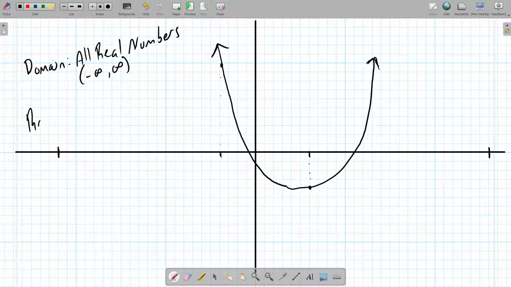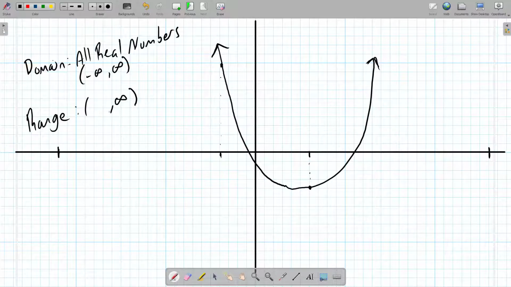The range, on the other hand, is dependent on which way the arrows are facing. If the arrows are facing up like this, meaning our parabola is opening up, then we know that we are going to go up and up and up forever. So we're going to go all the way to infinity, but where's the lowest part of the range?